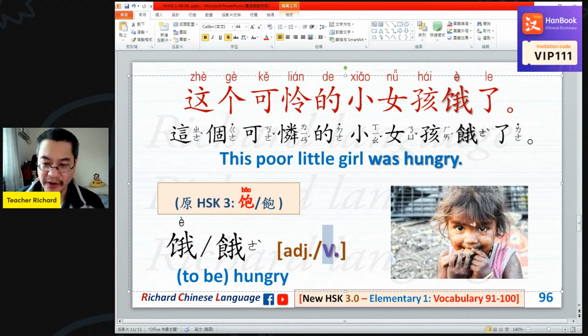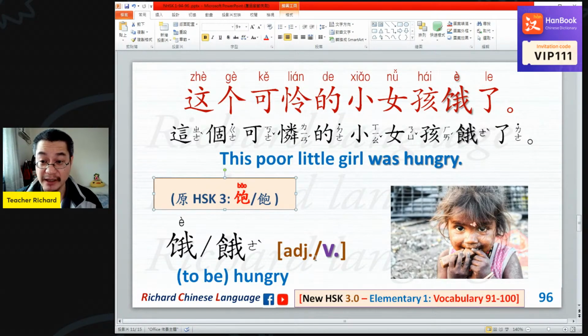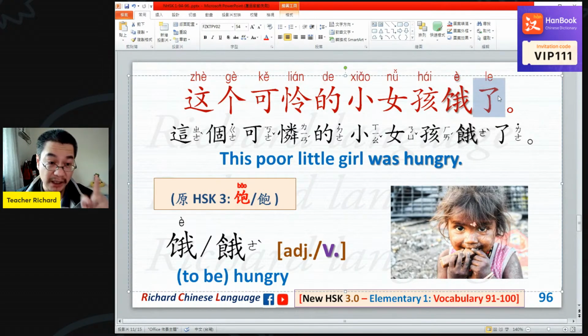Let's talk about the verb first. How to use the verb when you want to say you're hungry. We say 饿了. Remember, 了 is necessary to say I'm hungry because 了 is talking about the fact.